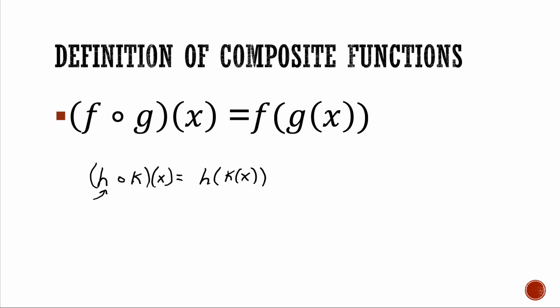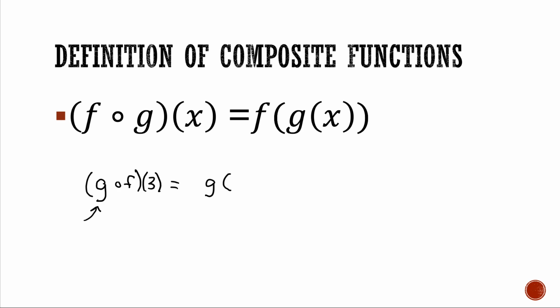Okay, and then we'll also have some problems. I'm going to do one more with you. We'll also have some problems where we have a number instead of the x. So for example, maybe we have a problem that looks like g composed with f, and instead of an x, we have a 3. So as far as our definition goes, it works exactly the same way. You're going to take the first letter and write it down with an open parenthesis.